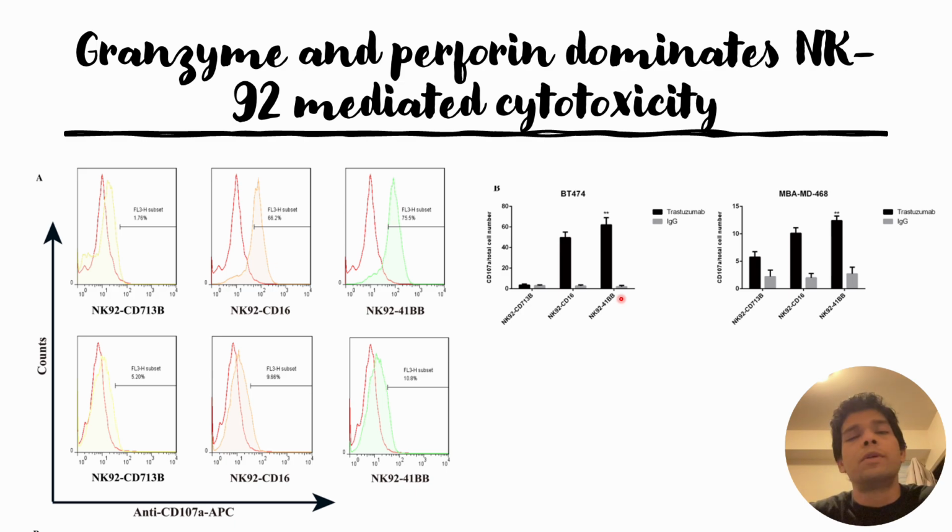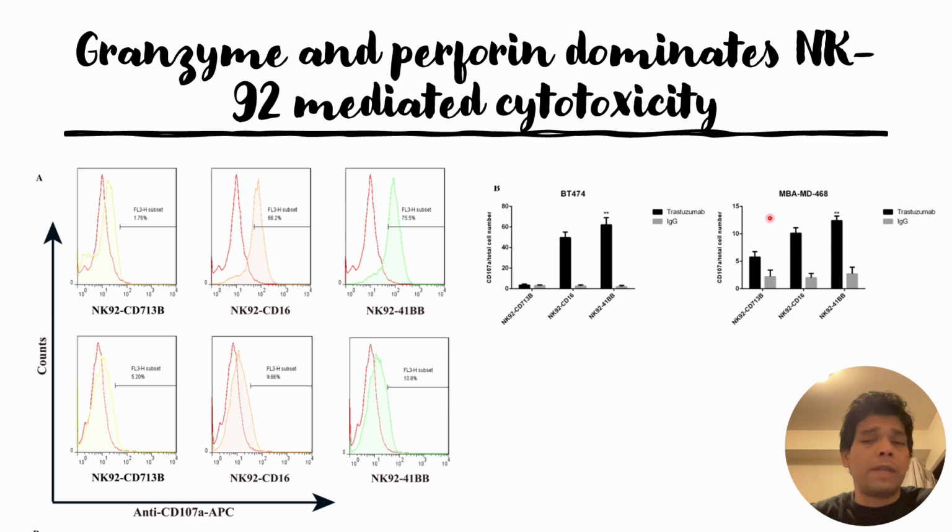However, when they did their studies with the HER2 negative cells, the y-axis values only go up to 15%, indicating that the CD107 expression reaches only up to 15% or slightly lower, and that too for the CD16 CAR NK-92 with intracellular domain 41BB.